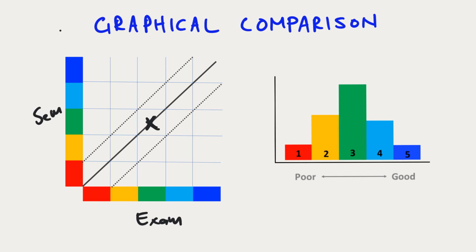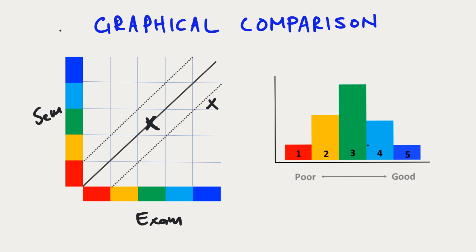You might be slightly off, where for example, let's take a distinction student over here that gets a distinction, but then in the exam he misses out, or your exam was a distinction, but your semester mark was not a distinction. Then you're slightly off the line where you're exactly the same.